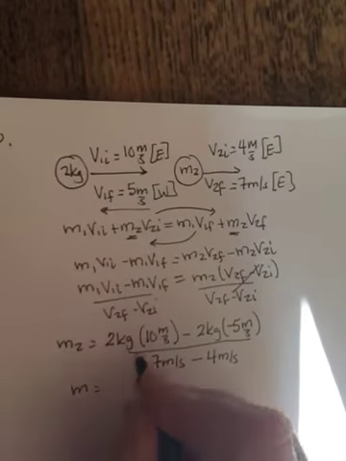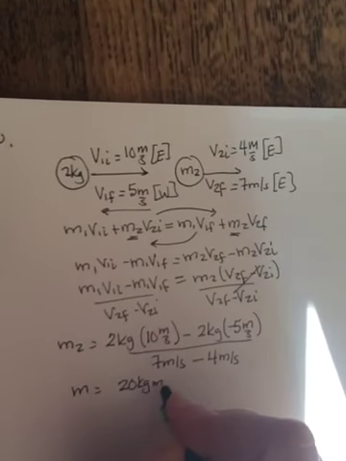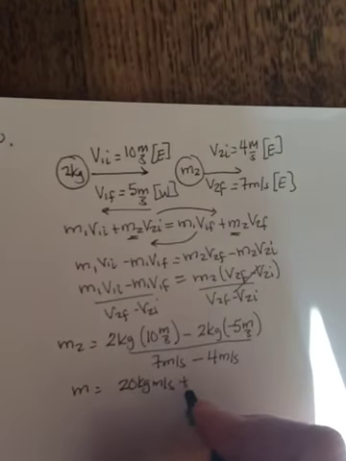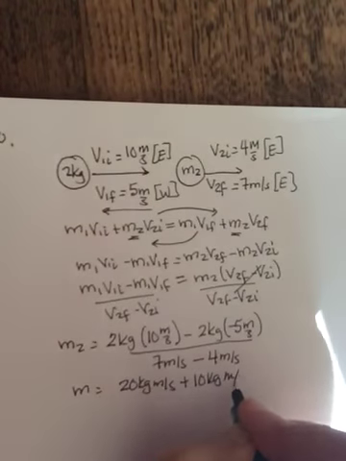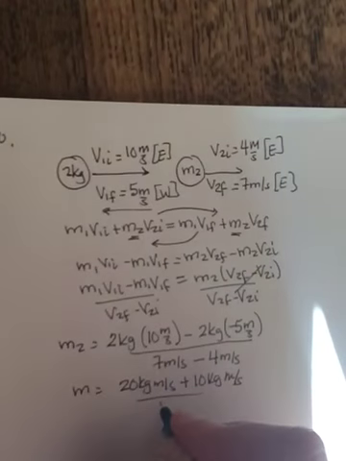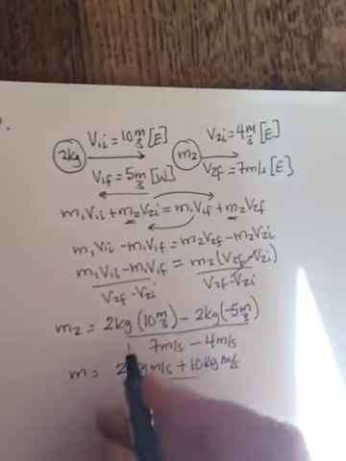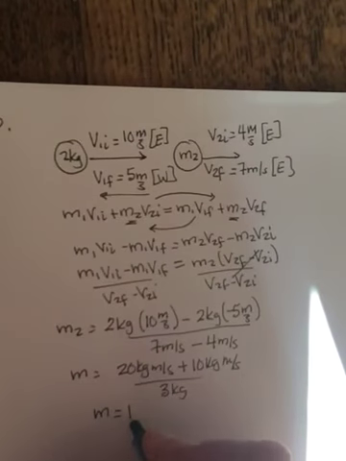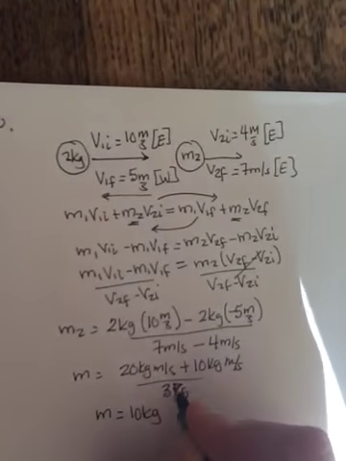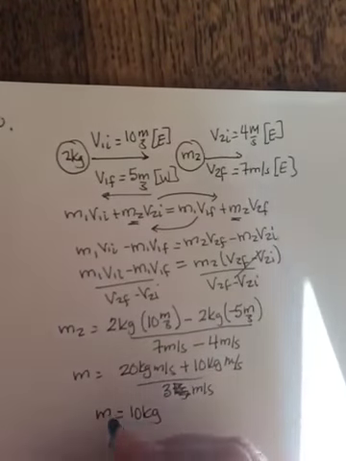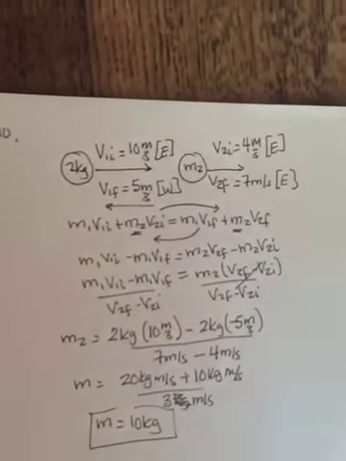So on the top, we have 20 kilogram meters per second minus a minus, so plus 10 kilogram meters per second, over 7 minus 4, 3. So 30 over 3 should be 10 kilograms. The meters per second cancel each other out if you don't lose them. Okay, so part A is 10 kilograms.